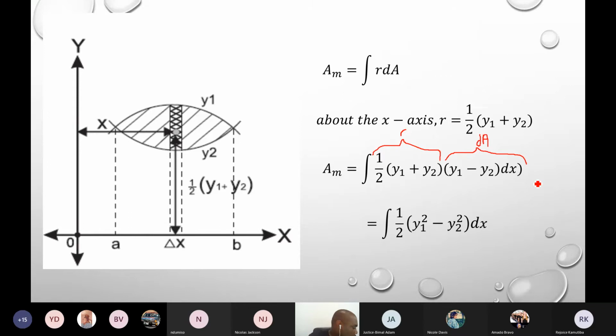Okay. So it's this, just as I told you, I was only showing you the x-axis. The next slide is going to show you all the formulas that I have now.